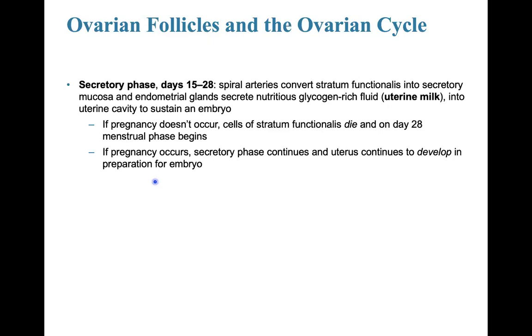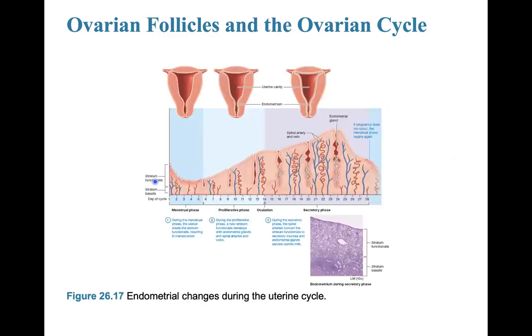If pregnancy does not occur, the cells of the stratum functionalis die, and on day 28, the menstrual cycle begins. If pregnancy does occur, the secretory phase continues and the uterus continues to develop in preparation of the embryo. And here you can see the thickness and the blood supply of the uterine walls during this 28-day period.